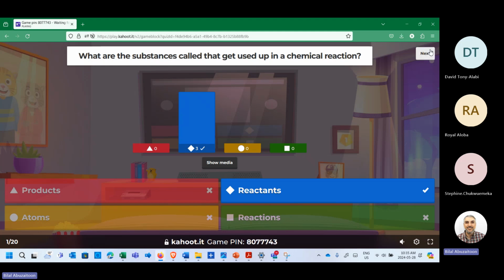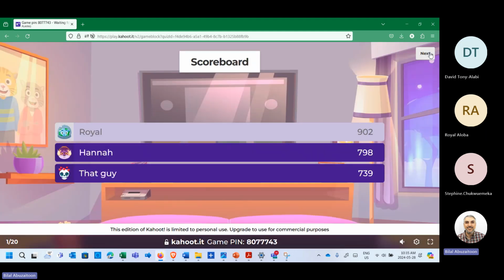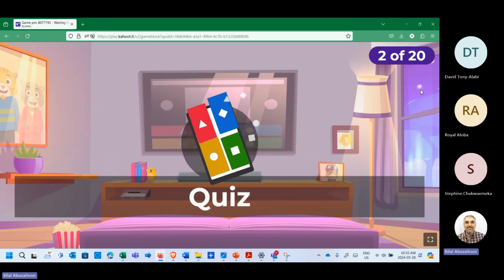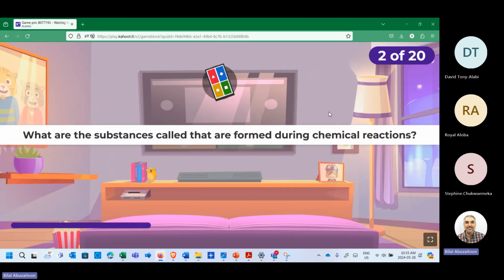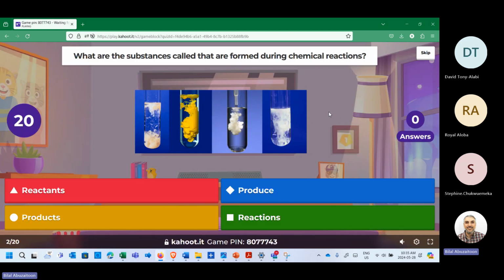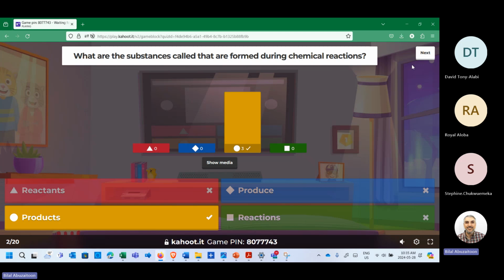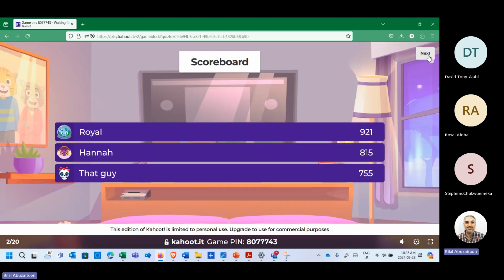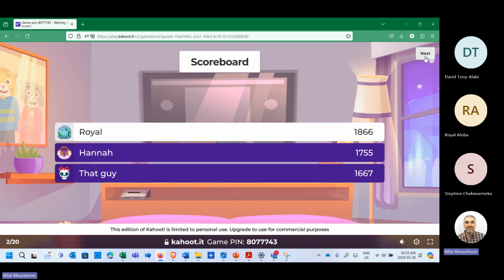Good. Excellent, guys. So Royal is the fastest so far. Formed during chemical reactions. Yeah, excellent.